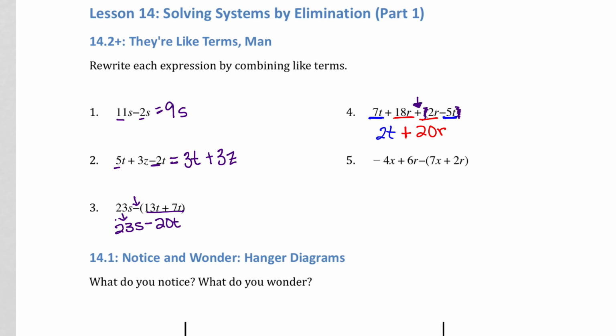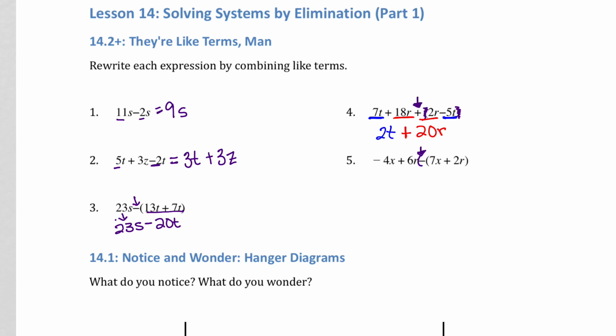All right, number 5. We have negative x plus 6r minus the quantity of 7x plus 2r. Does my negative outside my parentheses change anything about what is in my parentheses? It does.